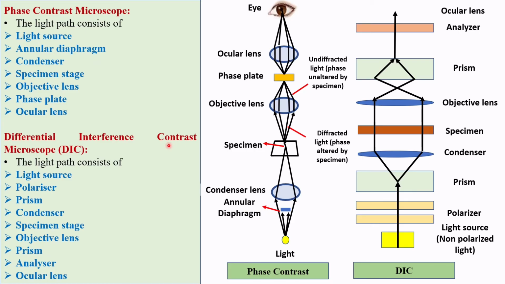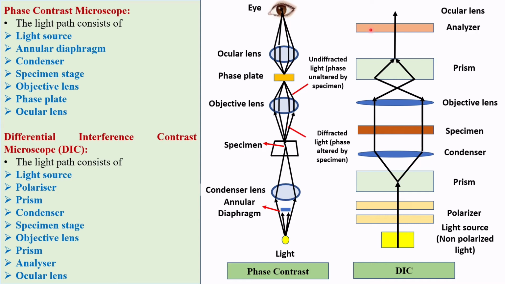So now one thing you can ask me is why there is a difference in image quality. To answer that, we need to talk about the difference between the light path of phase contrast and DIC microscope. In phase contrast microscope, the light path consists of light source, annular diaphragm, condenser lens, specimen stage, objective lens, phase plate and ocular lens.